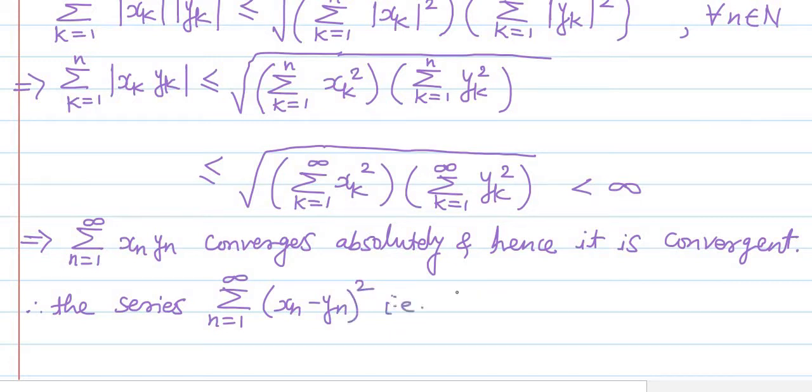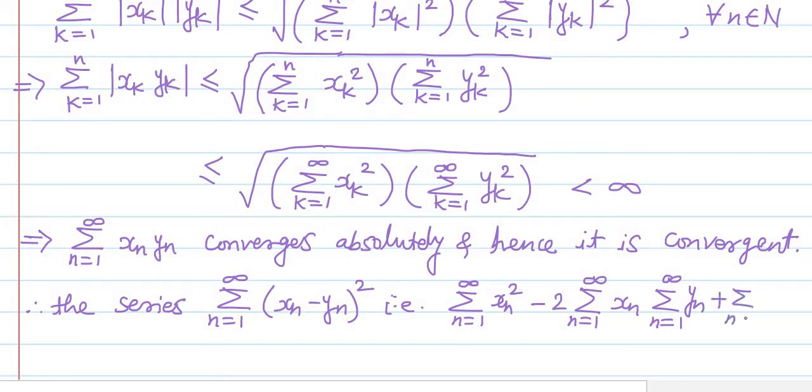That is summation over n equal to 1 to infinity xn square, then the middle term will be minus 2 times summation over n equal to 1 to infinity xn yn, and the last term will be plus summation over n equal to 1 to infinity yn square.